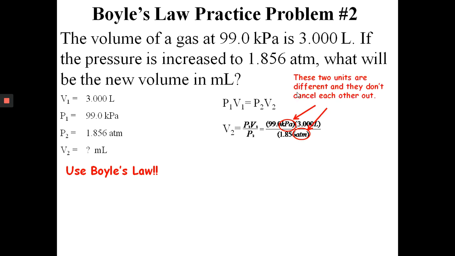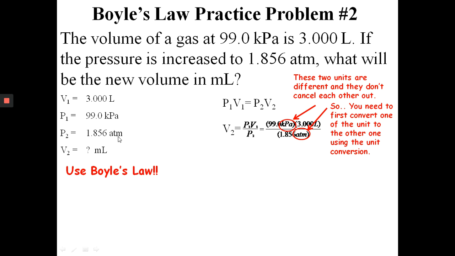So, since these two units are different and they don't cancel each other out, we'll need to actually first convert one of the units to the other one using the unit conversion.